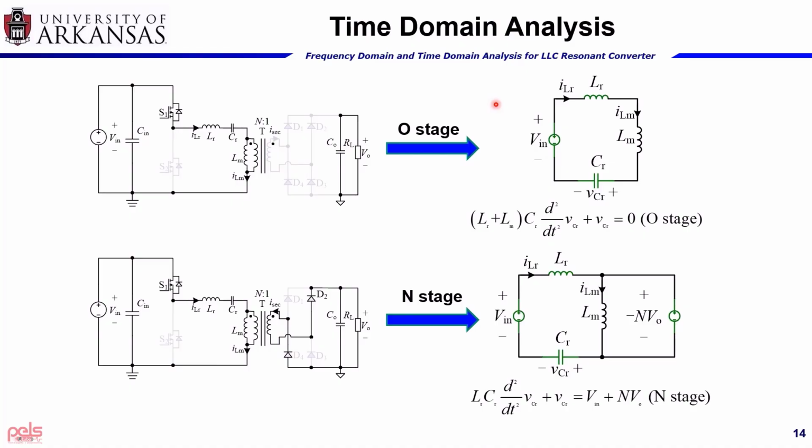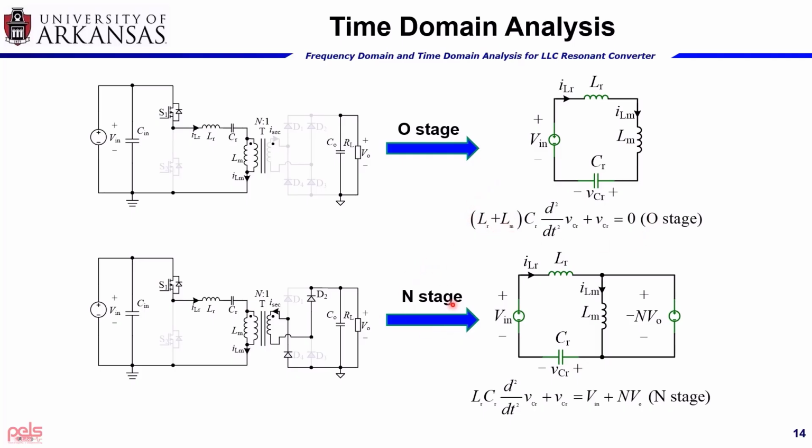Similarly, for the O stage, the equivalent circuit is shown here. If we look at the voltage across the magnetizing inductor, we can see that it is not clamped by the output voltage, so we call it O stage, and here is the model for this operation stage.